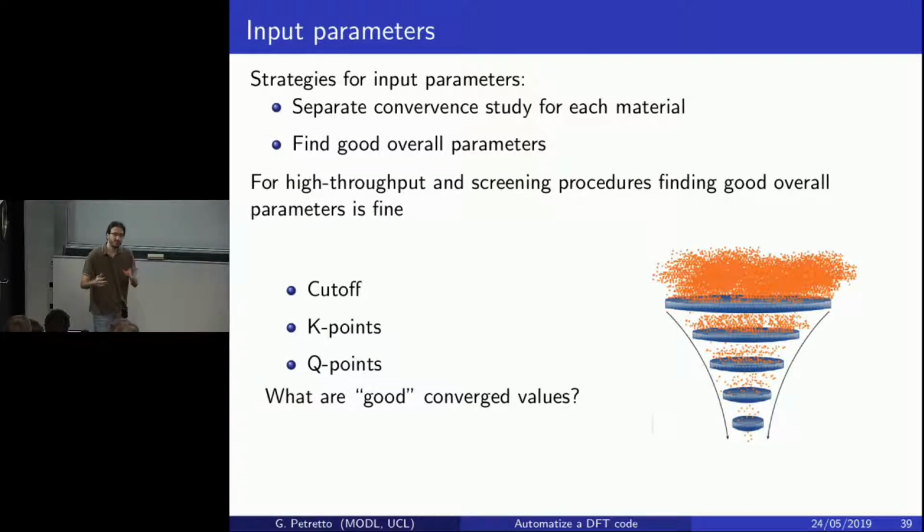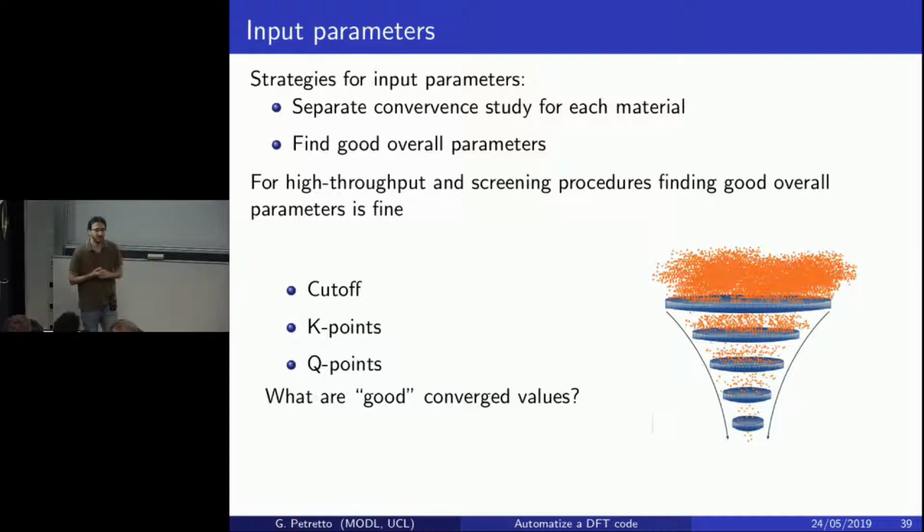Since we are dealing with high throughput, in a sense, and the main usage for this kind of calculation is for screening, after which you can maybe go inside the material and make a more accurate calculation, it is definitely fine to rely on a good set of parameters and just use those for all the calculations.